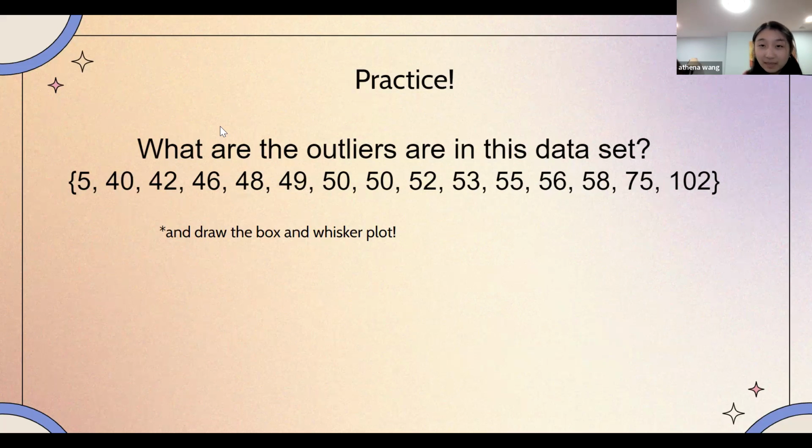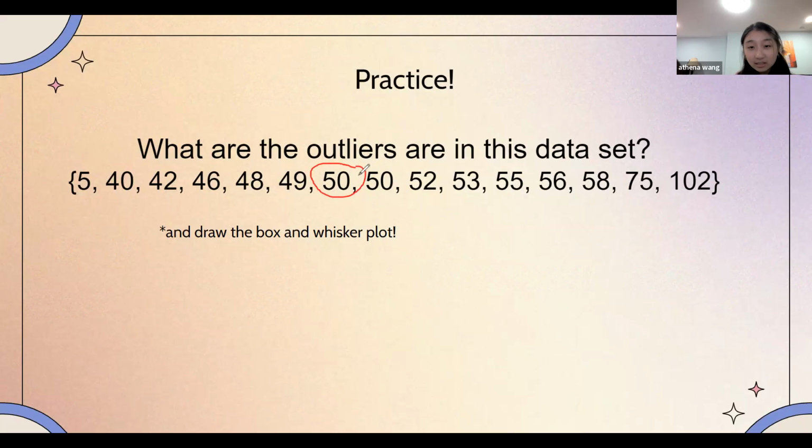Perfect. So we first always take the median value. There are many more points over here, so our median value would be 50.